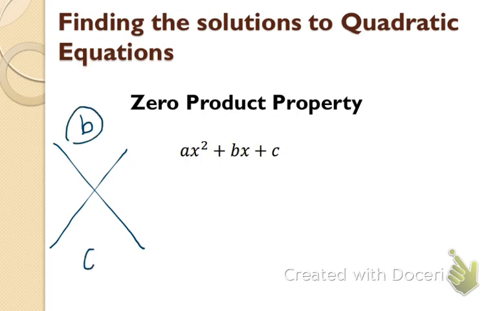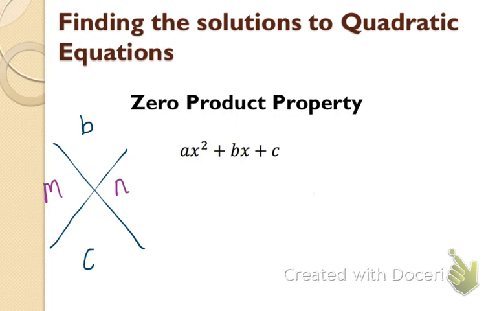B came from the coefficient of x and c is your constant. Now on the sides here we had the factors, numbers that multiply to give you c, and at the same time they combined to give you b. So I'm going to call these factors m and n.